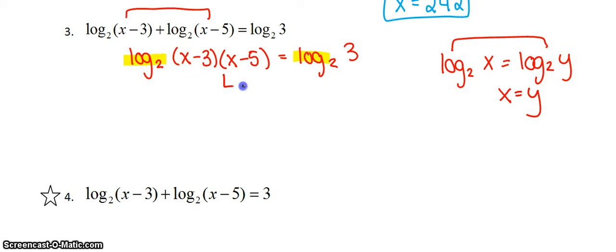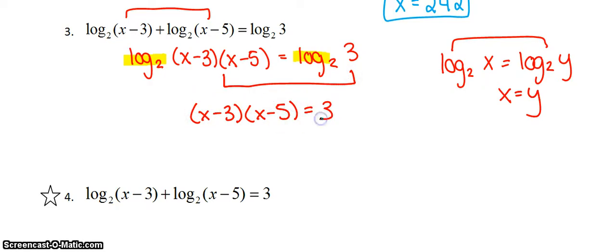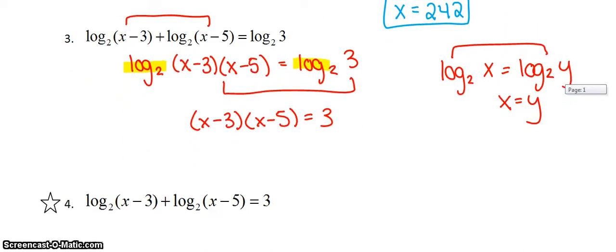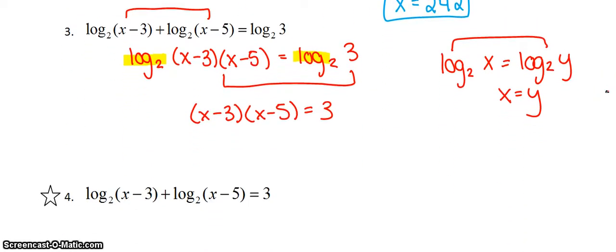So here, all that has to happen is that x minus 3 times x minus 5 has to equal 3. So in some cases, you don't actually have to rewrite in exponential form. If there's a log on both sides, you can actually just think about it, and it's a little bit easier.